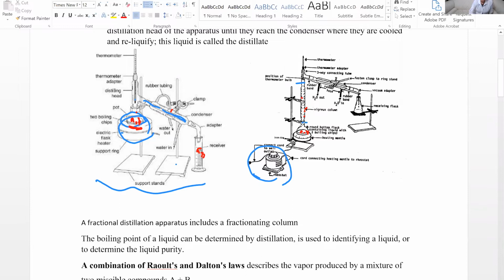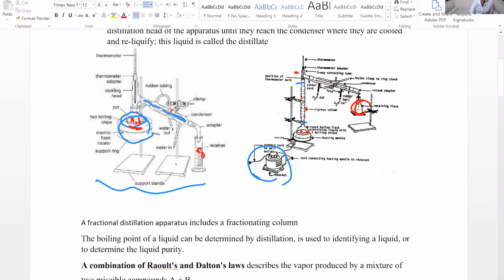Basically, those are obstacles: when the vapor reaches them, the vapor with the high boiling point is going to condense and go back. Only the compound with the lower boiling point is going to make its way to the distillation head, go through the condenser, get liquefied again, and collect in the receiving flask.